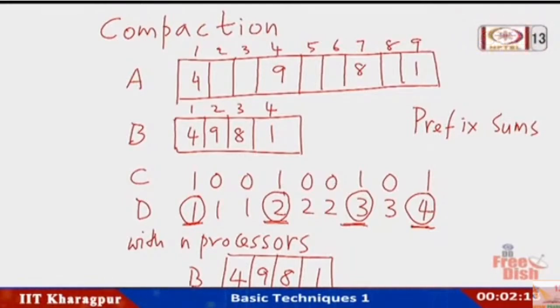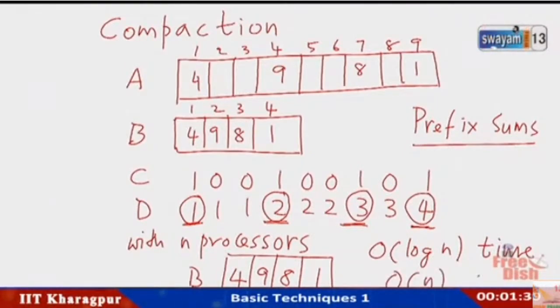A has been compacted into B, and the complexity of the algorithm is dominated by that of prefix sums. Therefore, the time complexity of compaction is identical to that of prefix sums. The rest are all order 1 steps to be executed with n processors. So if you have n by log n processors, those steps can also be executed in order log n time. Therefore, the complexity is order of log n time and for a cost of order of n.